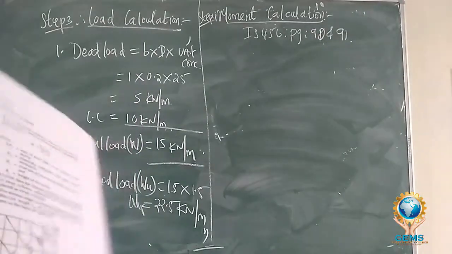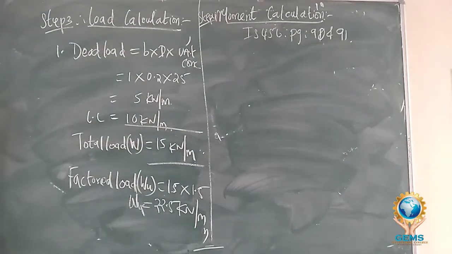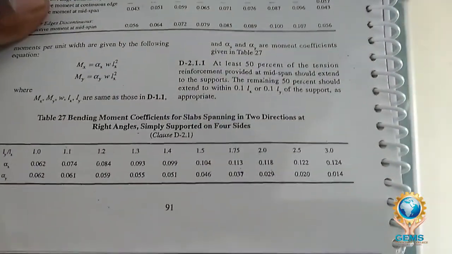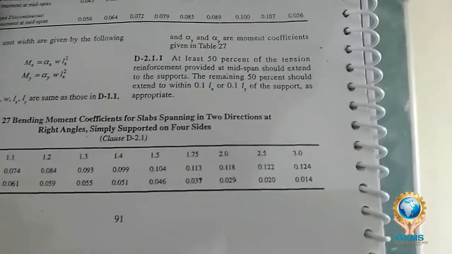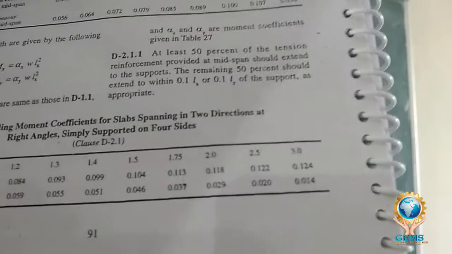So how will you calculate these coefficients alpha x and alpha y? If you turn to page number 91, at the bottom you have a table, Table number 27: Bending moment coefficients for slab spanning in two directions at right angles, simply supported on four sides. Four side supported slab means it is a two-way slab.